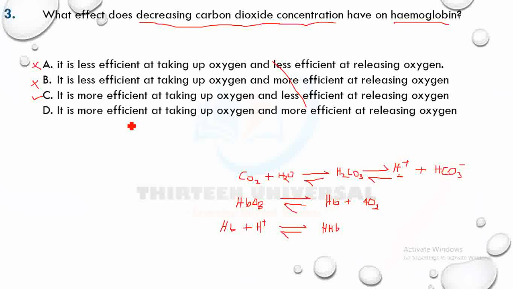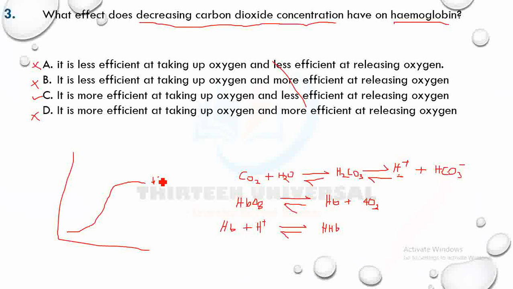Now D said it is more efficient at taking up oxygen and more efficient at releasing. No, it is more efficient at releasing oxygen when we have high CO2 concentration, which gives rise to high proton concentration. That's Bohr shift. So this is wrong, and that is why anytime we increase CO2 concentration, like what we said, if you look at this Bohr dissociation curve, this is at low CO2 concentration, low partial pressure of CO2.